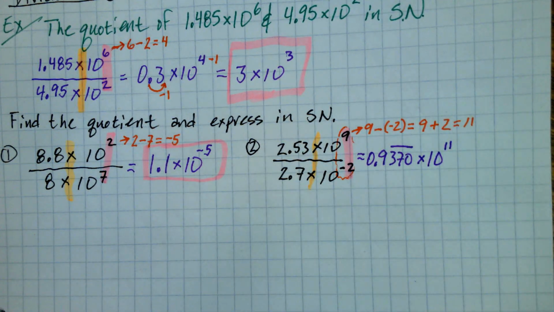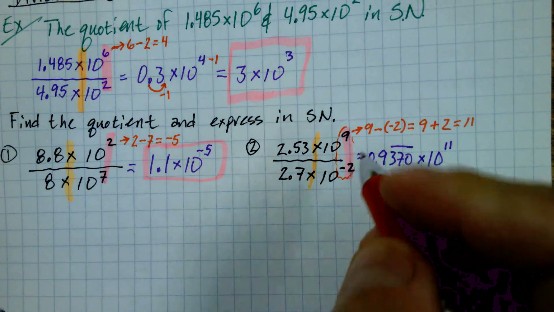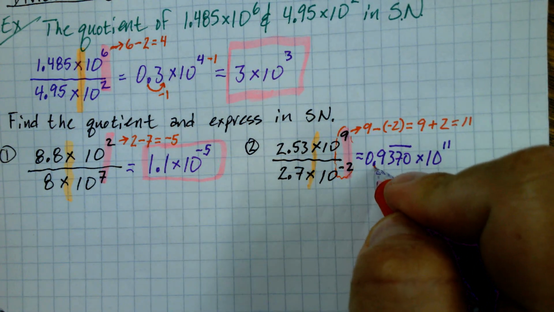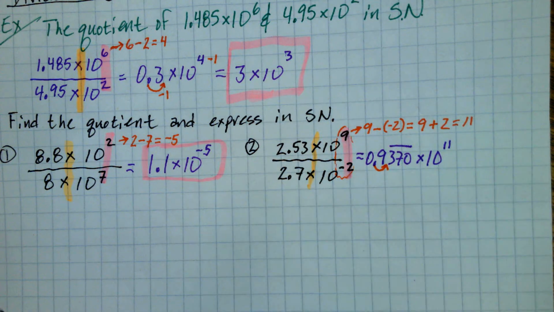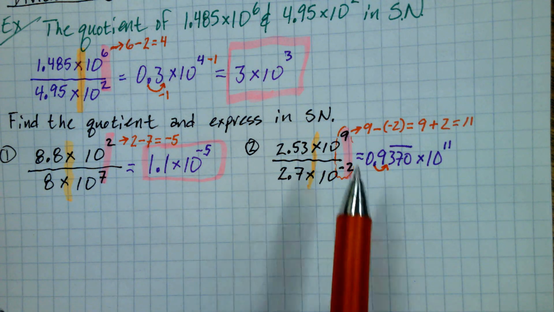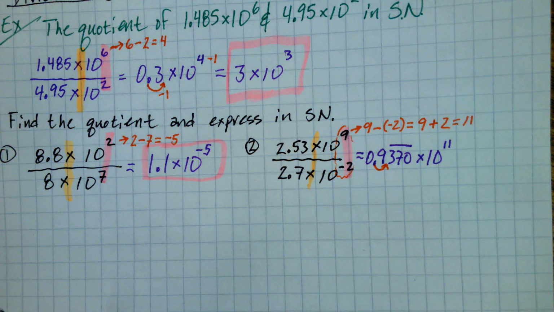Okay. But we're not quite out of the woods yet. We got to fix this. So one more fix. Move that decimal place once to the right. You can do it every time, but basically, anytime I see a negative inside my subtraction problem, I usually do it.